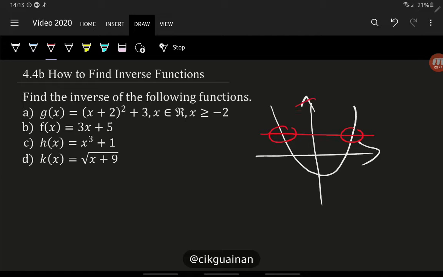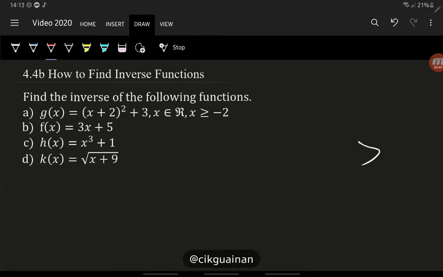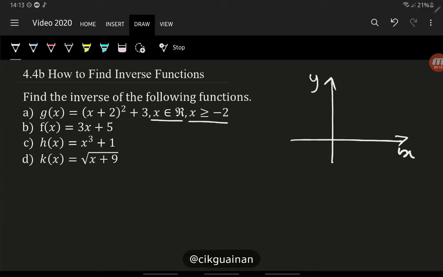But in this case, we have a restriction. Since x is an element of the real numbers and x is greater than or equal to minus 2. What does it mean? It means that if we sketch the function over here, this is x, this is y, minus 2, 3 somewhere here.